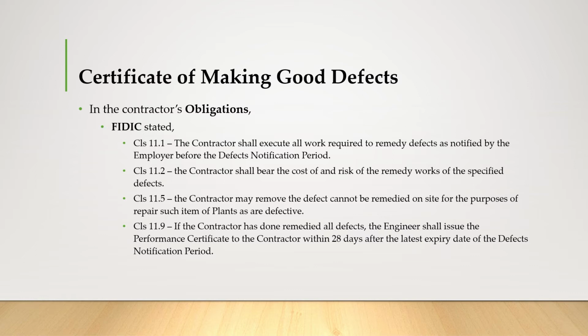In clause 11.5, the contractor may remove the defects that cannot be remedied on site for the purpose of repair, such items of plant as are defective. Also in clause 11.9, if the contractor has remedied all defects, the engineer shall issue the performance certificate to the contractor within 28 days after the latest expiry date of the defects notification period.